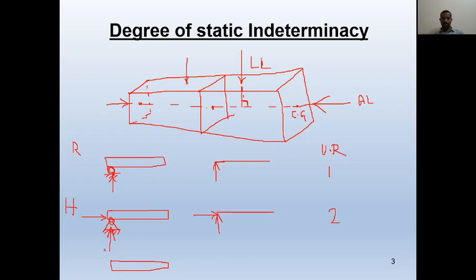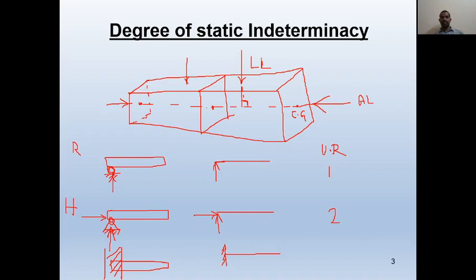This particular member is completely inserted into the wall like thing. So here it is like this. Now we represent in free body diagram fixed support something like this, right?